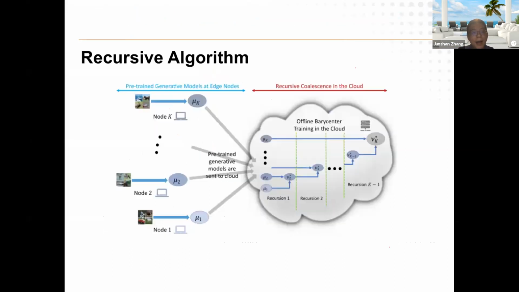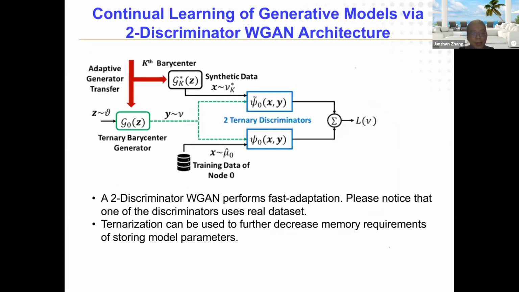This is a high-level picture of the recursive algorithm. At each recursion, we find the barycenter between two pre-trained models, and so on, until we come up with the coalescence for all k pre-trained generative models. Once we do that, we use it as the input, combined with the local data, to train a new Wasserstein GAN.